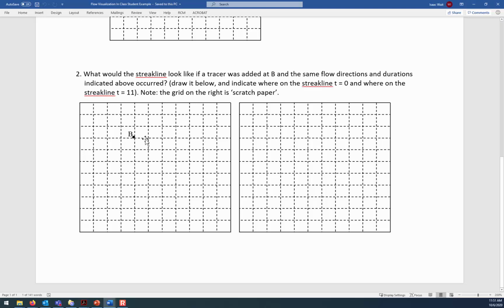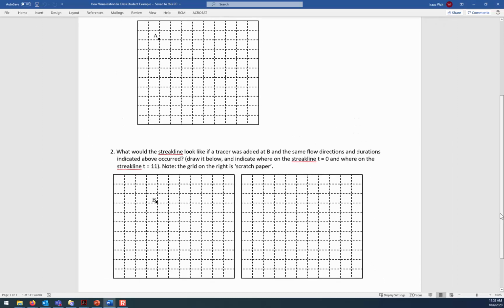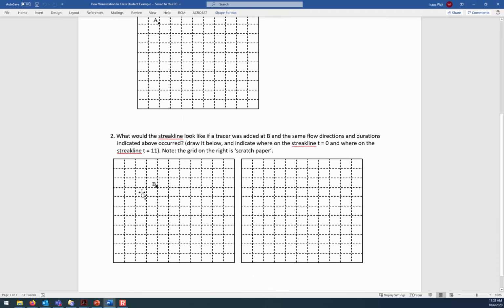So the problem scenario is that we're always going to be injecting a tracer at B, and then the water is going to be flowing according to these directions that are indicated by the streamlines. And so it's going to be the same 3 seconds to the right, 2 seconds of movement downwards, and so on.